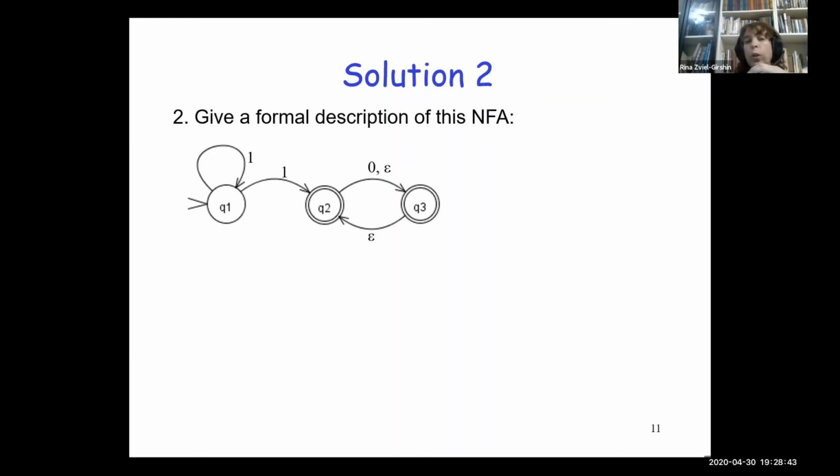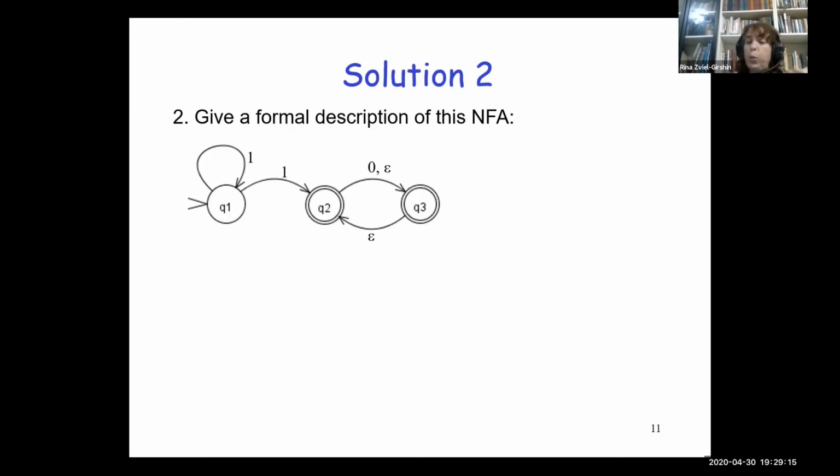The Q is, how many states do I have? Q1, Q2, Q3. So Q is Q1, Q2, Q3. The alphabet? 0 and 1. Epsilon is not in the alphabet, so the alphabet is 0, 1, and we use epsilon in our construction.